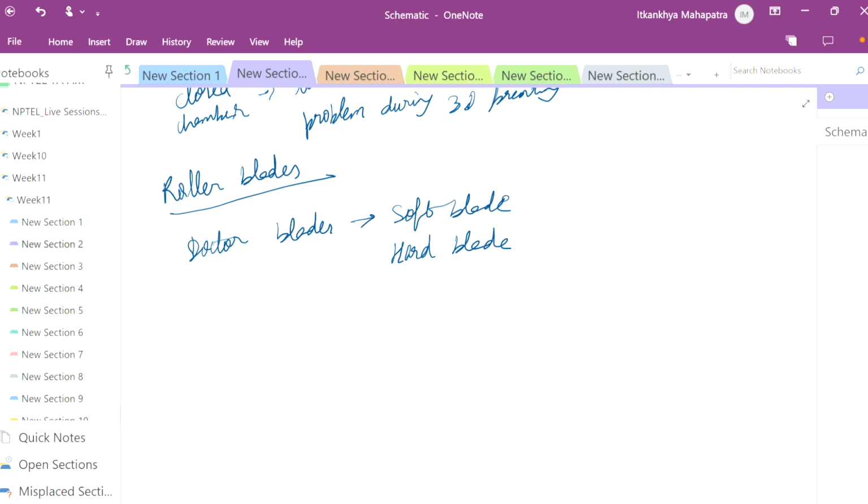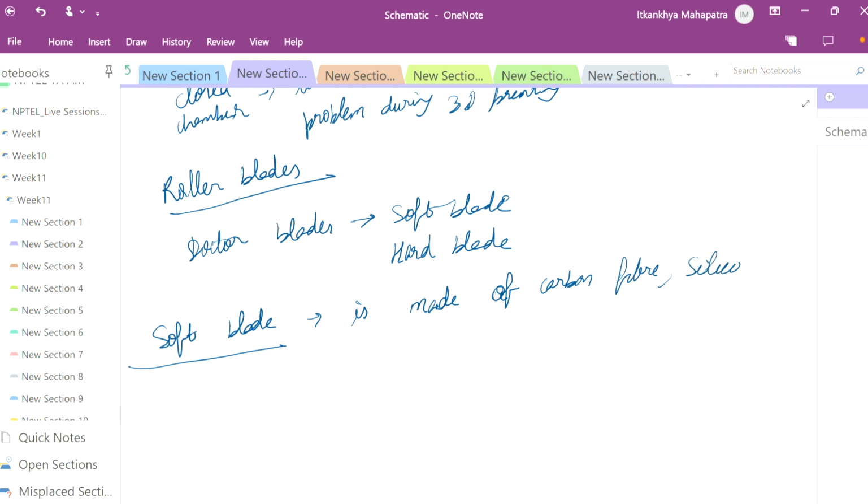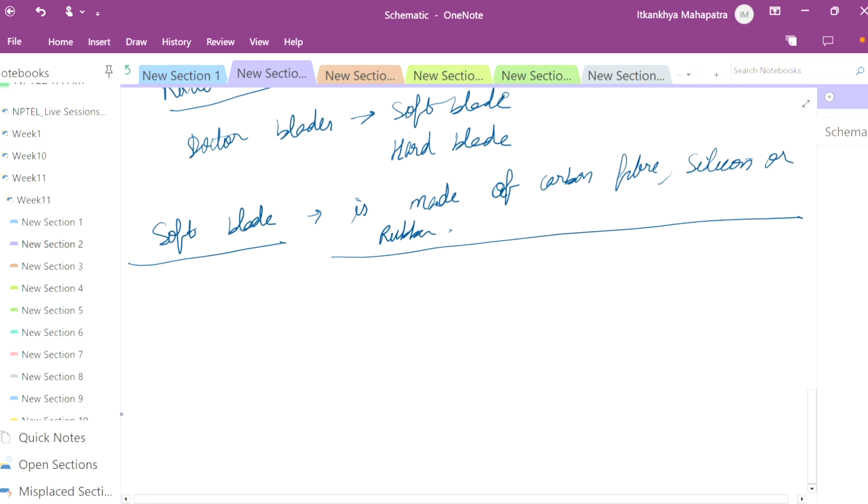Now we have to understand what the soft blade and hard blade are, and when do we use them. The soft blade is made of carbon fiber, silicon or rubber. The design is similar to that of a brush.